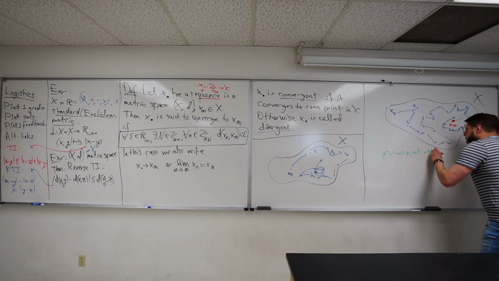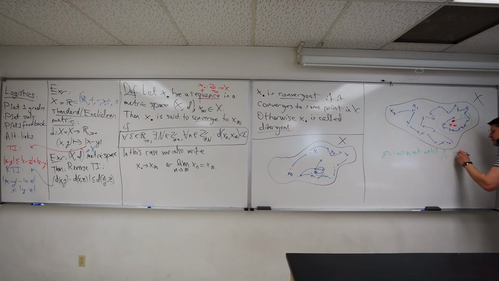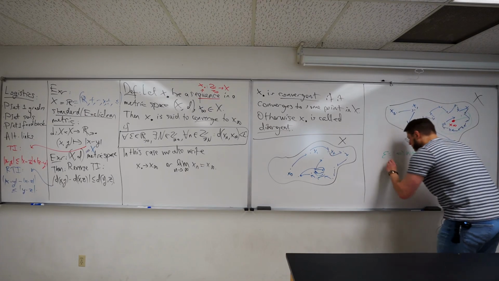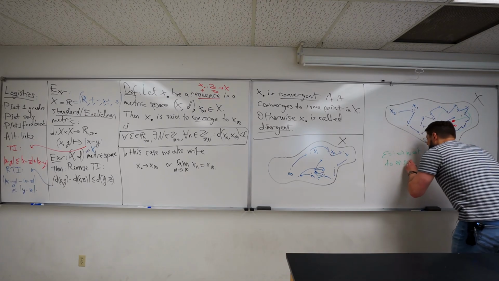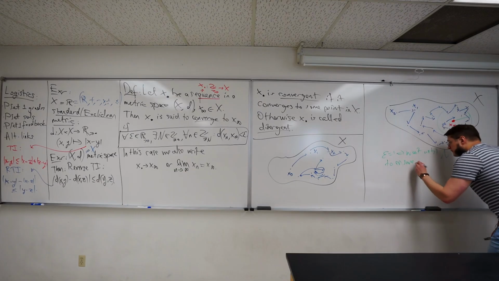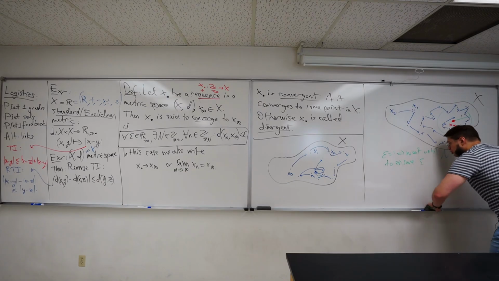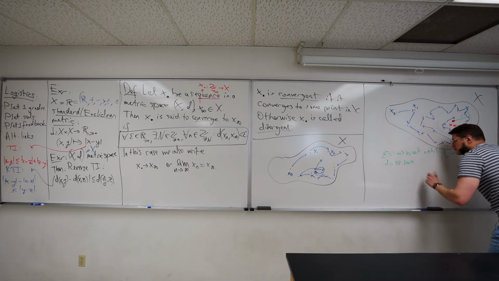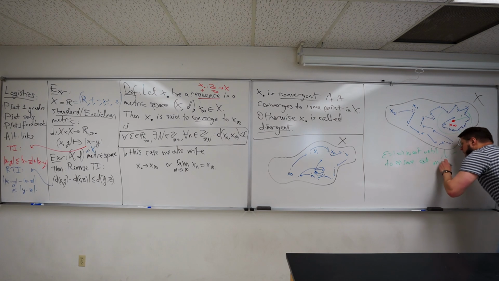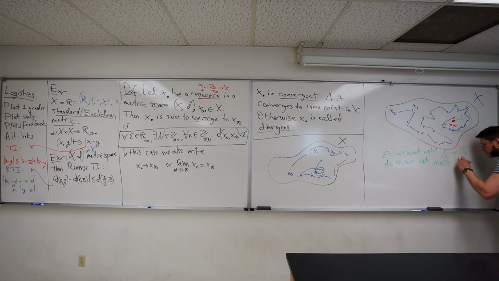Wait until capital N equals 18 to ensure an upper bound of 1 on the error. At most epsilon error.